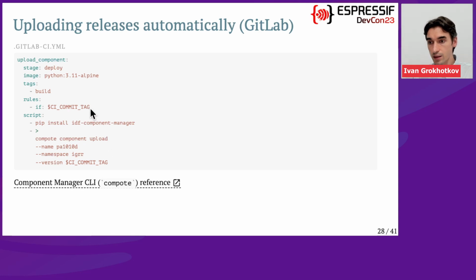In this case, again, I'm specifying that this workflow should only run for tags, and then I'm passing the tag name to the compote component upload command so that I don't have to keep track of the versions in the idf_component.yml file. If you're using a different CI/CD system than GitLab, then it should be very similar. You can use the same command there as well.